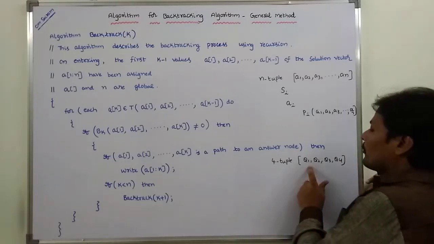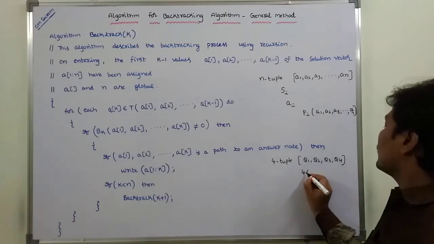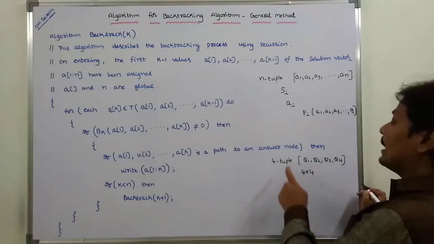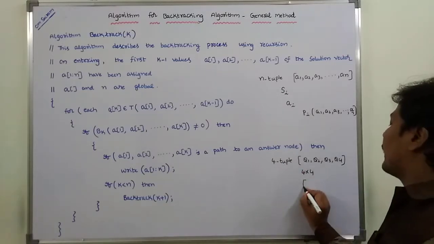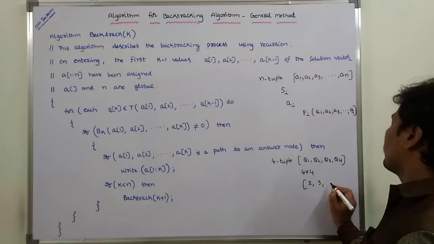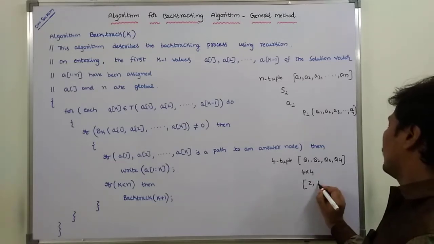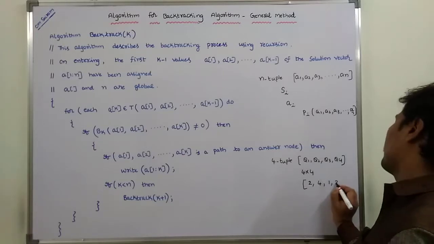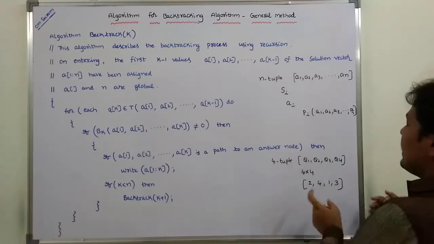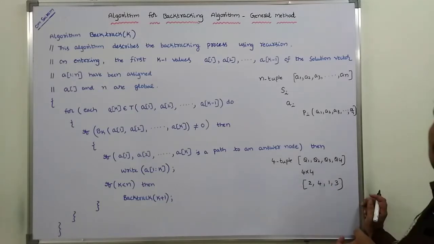Four queens can be placed on a 4 by 4 chessboard. The desired solution for the 4 queens problem is 2, 4, 1, 3.